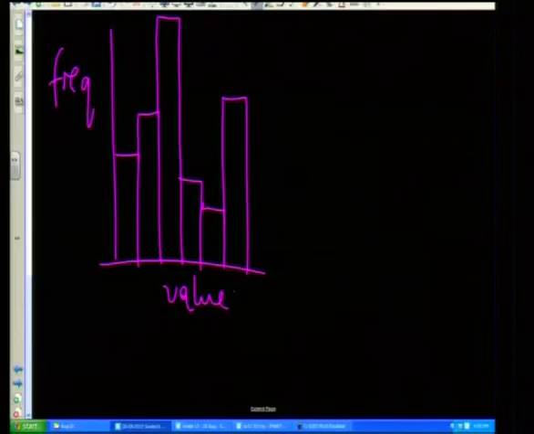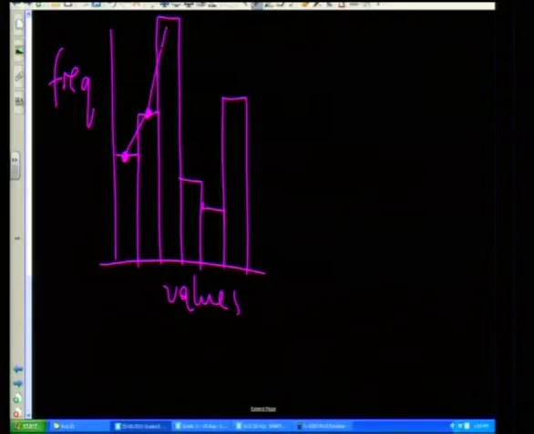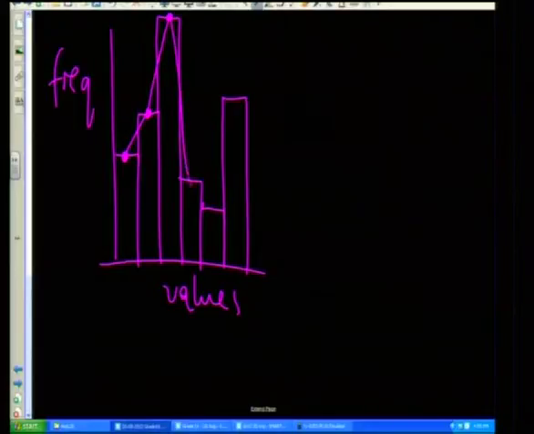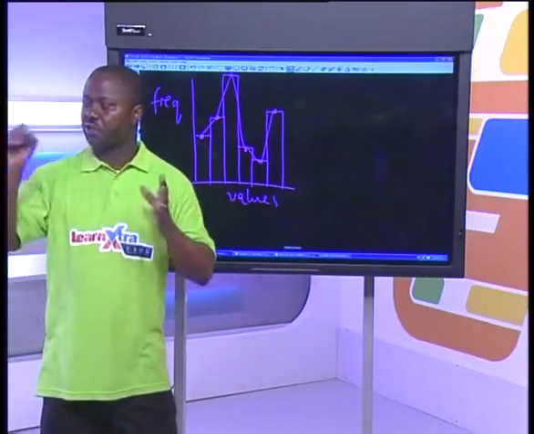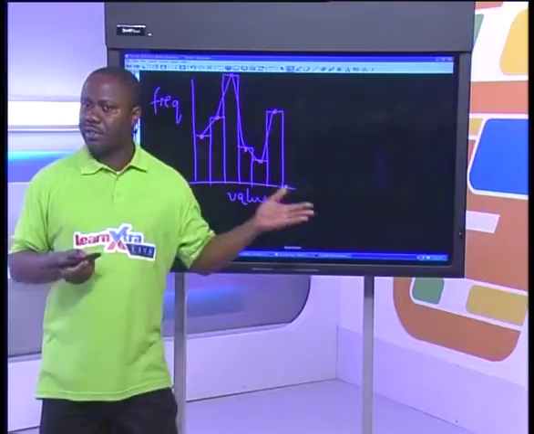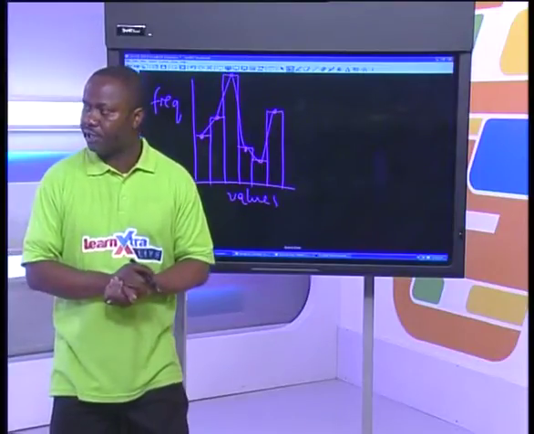So when you talk about a frequency polygon, you are basically talking about a line graph that is just connecting the midpoints there. That is what a frequency polygon is, because when you look at this, it's like drawing the edges of a polygon. Yet it's just the midpoints of the data.